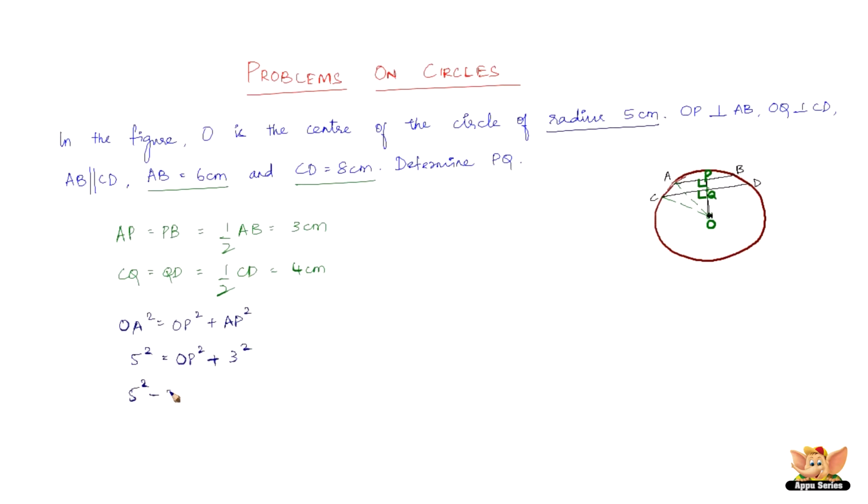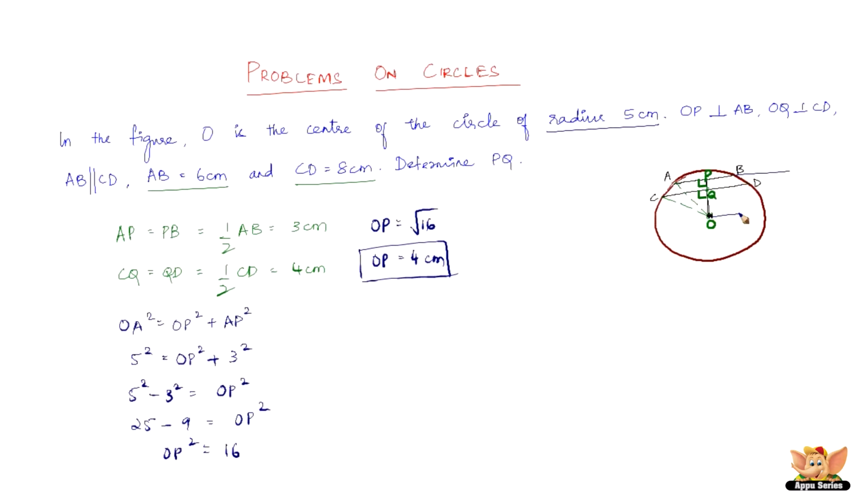So 5 square minus 3 square equals OP square, which is 25 minus 9 equal to OP square, or OP square equals 16. So OP equals square root of 16, or OP equals 4 centimeters. So we've obtained what OP is now.